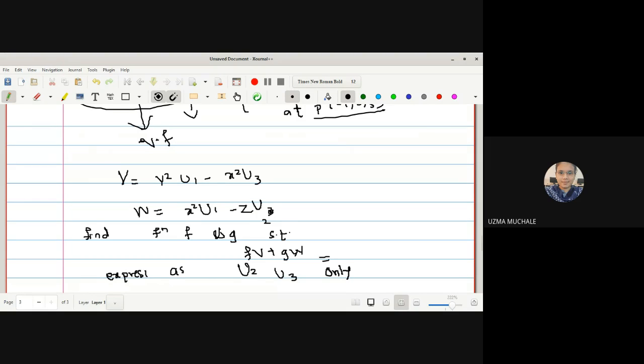Okay, fV plus gW should be expressible in the form of u2 and u3 only. Try to understand this and tell me the answer.